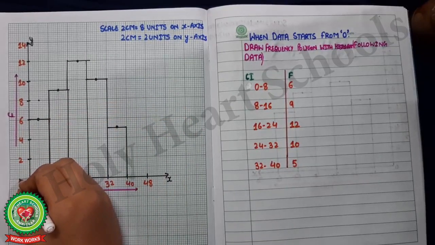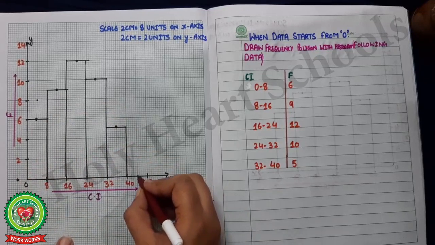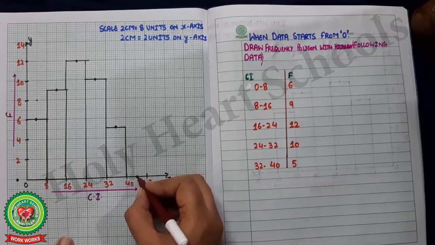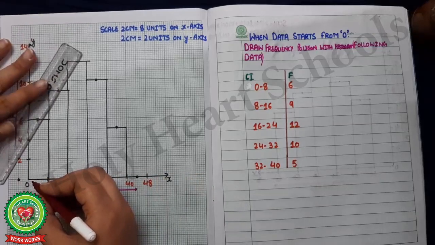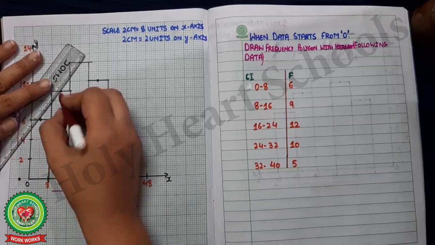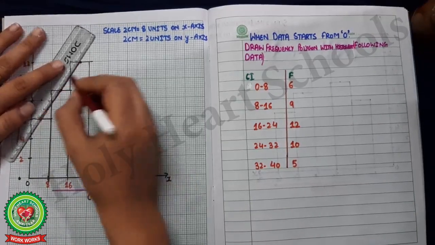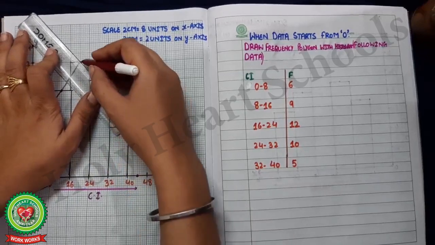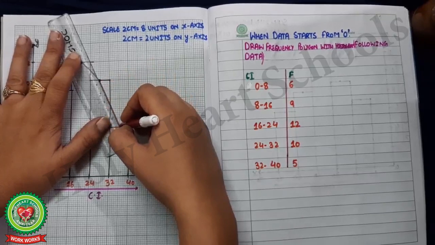We will take 1 point previous from the first bar and 1 point above from the last bar, and here also we will join midpoint only. Now students, with help of scale, we will join all the midpoints which we have plotted just now. Mark the midpoint and join it with help of scale.